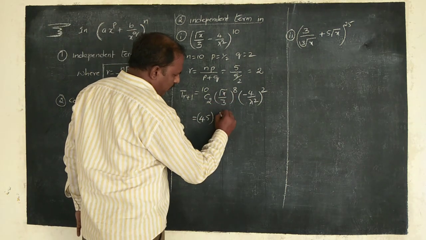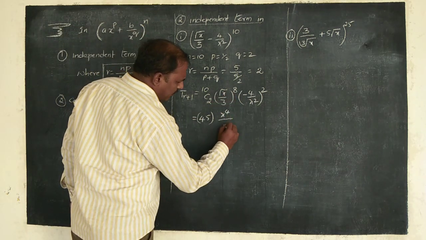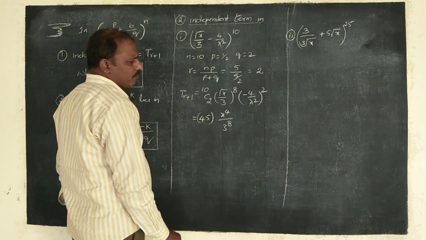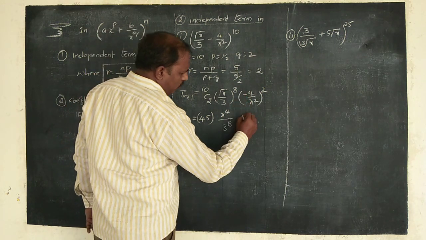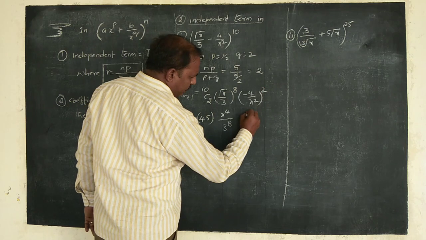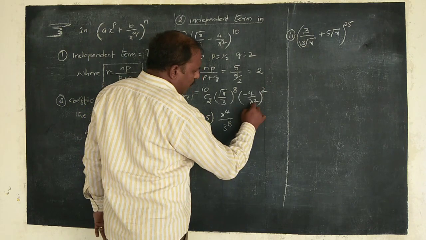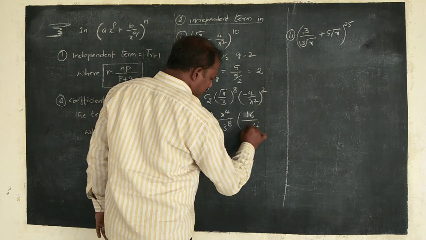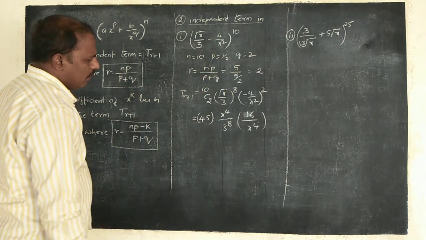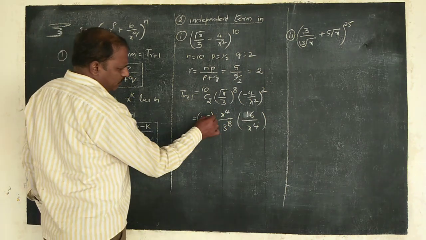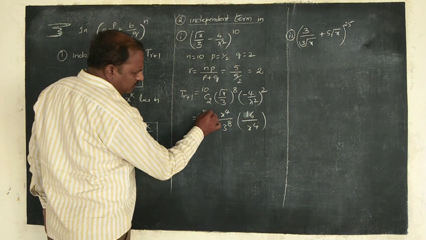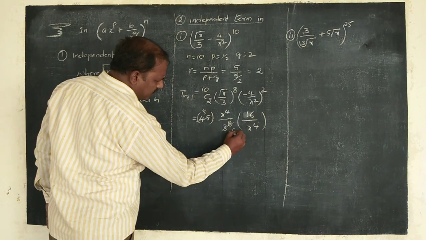And then x to the power of 4 by 3 to the power of 8, into minus 4 square, 16 by x to the power of 4. We cancel this with the 9 5s. This becomes 3 power 6.